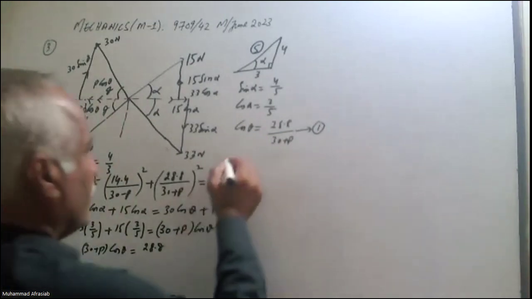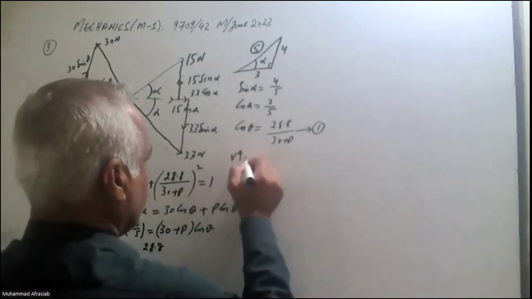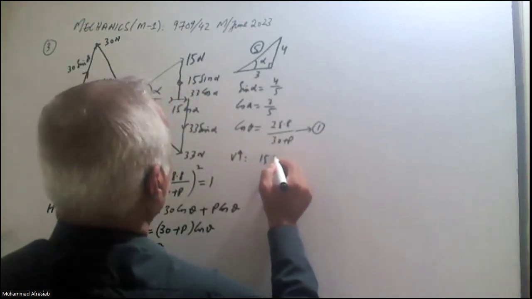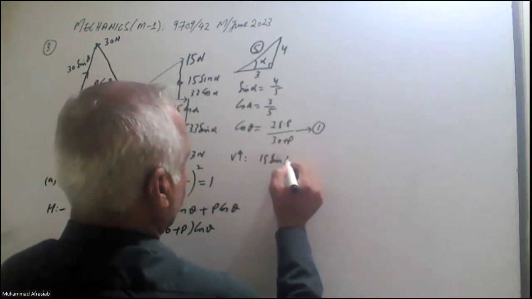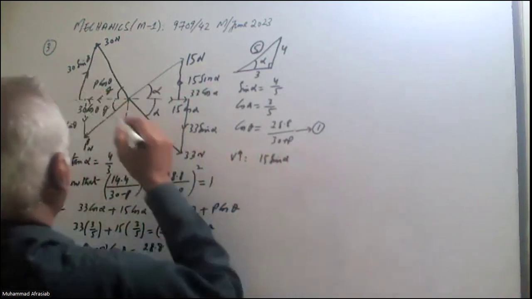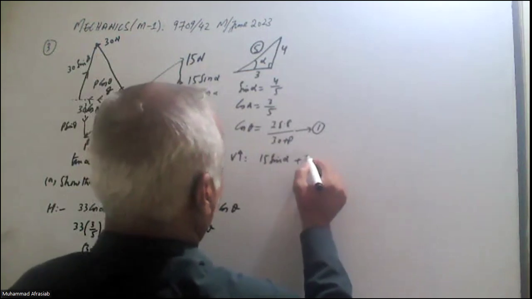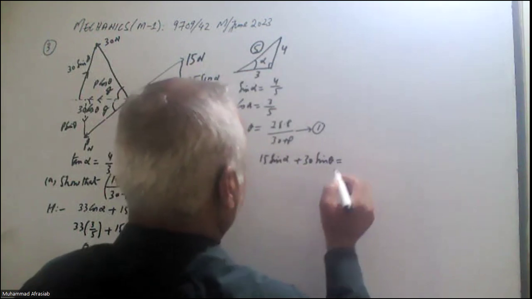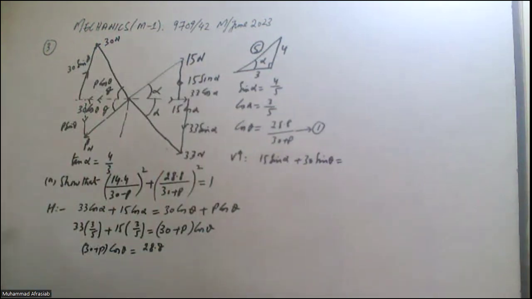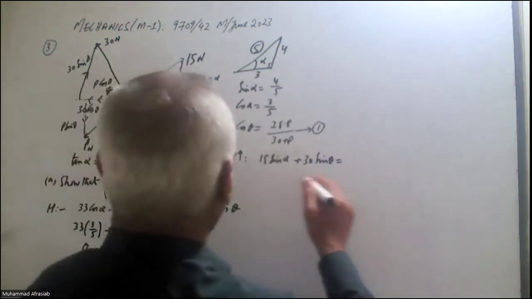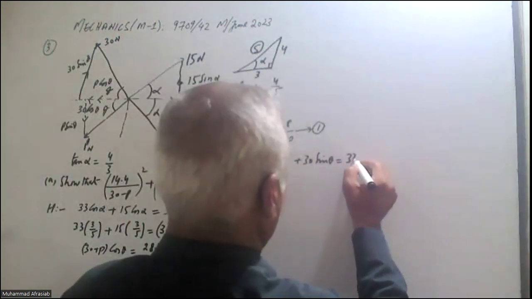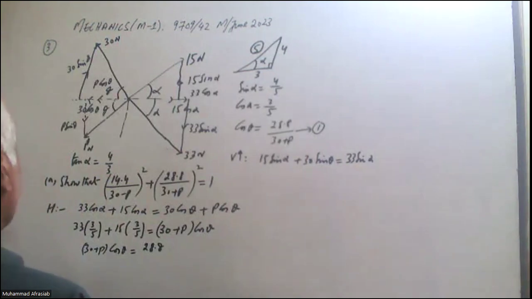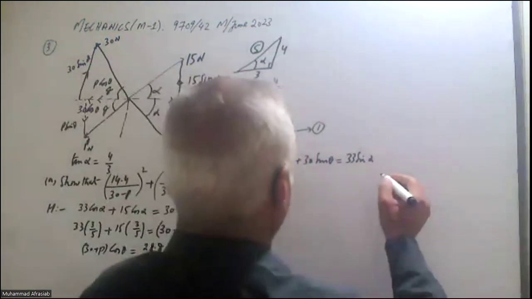Now we use all vertical components. The upward components are 15 sine alpha and 30 sine theta, which are being balanced by the downward components, that is 33 sine of alpha plus P sine of theta.